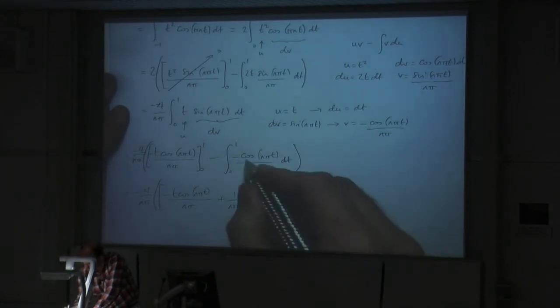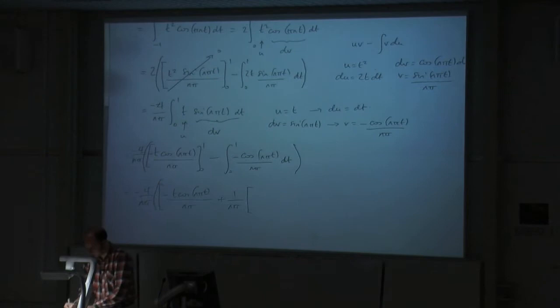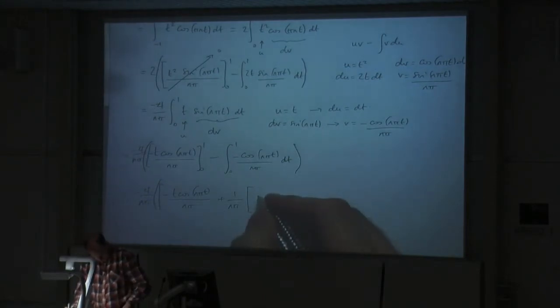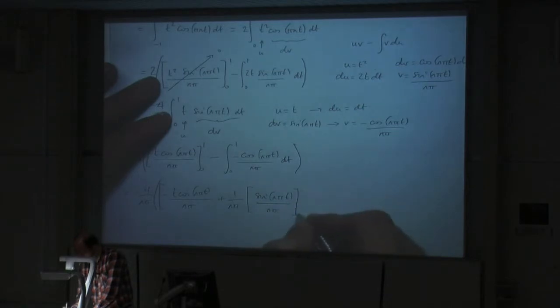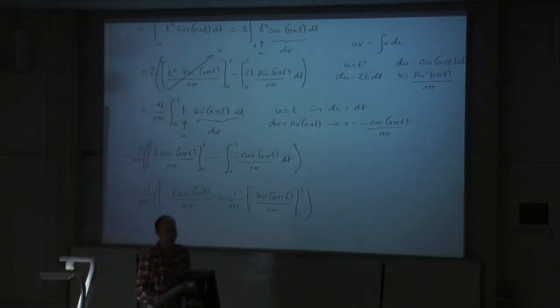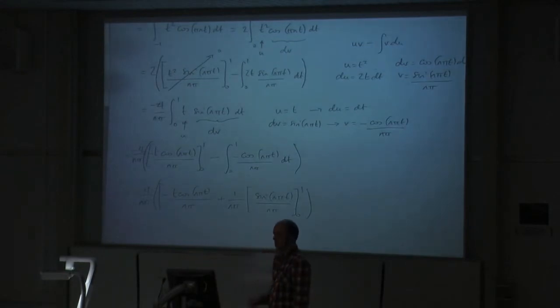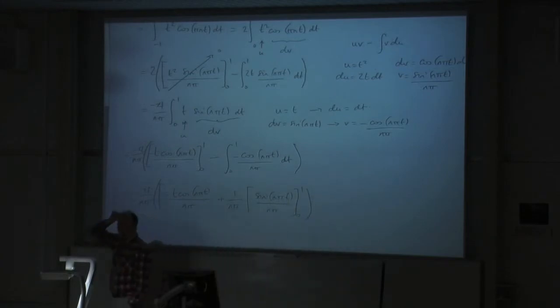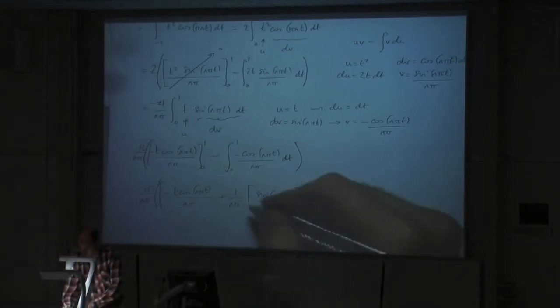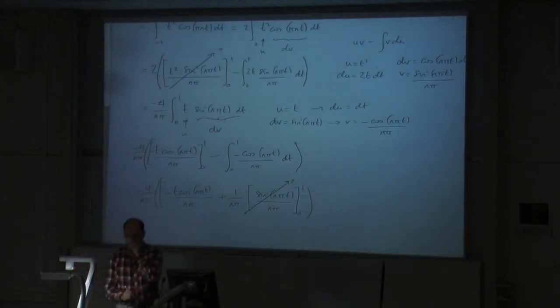Then we've got the integral of cosine n pi t, well that's going to be sine n pi t divided by n pi, between 0 and 1. Look what we've got again. What is sine of n pi? If we stick in t as 1, what's sine of n pi? 0 again, so this term again disappears.